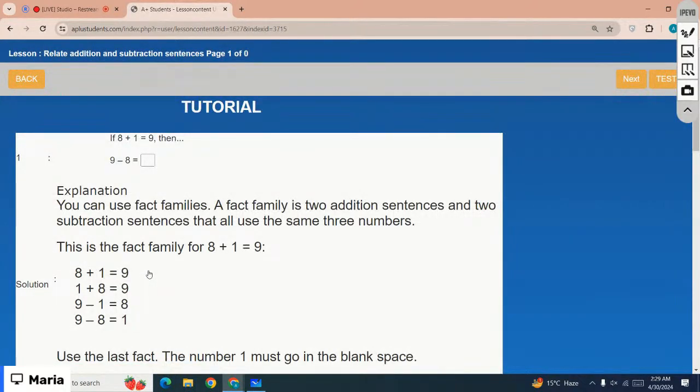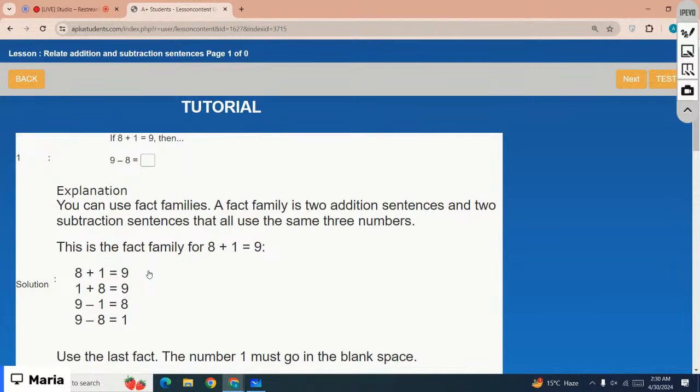Okay, if 8 plus 1 equals 9, then 9 minus 8 equals. So basically you have to use the fact families, right?